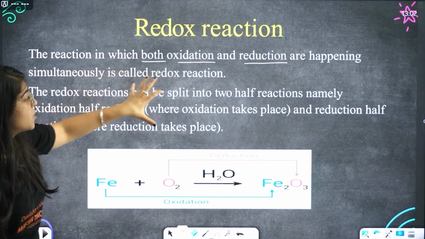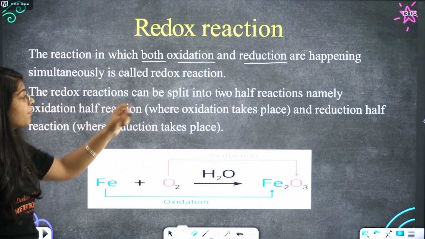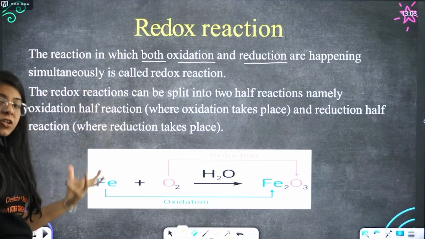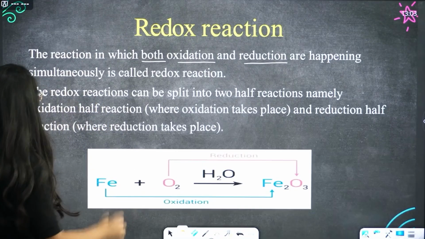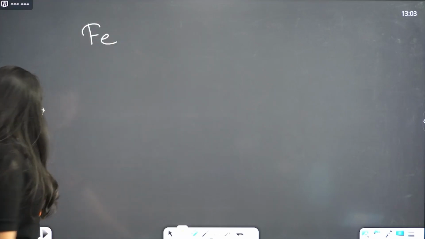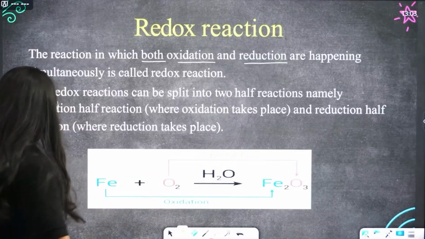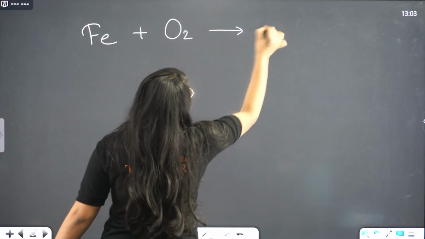A redox reaction can be split into two halves, namely the oxidation half where oxidation takes place, and the reduction half where reduction takes place. Let's understand. Now this is iron. Let me write this again because I don't know if you are able to see this. Iron plus O2 gives Fe2O3.